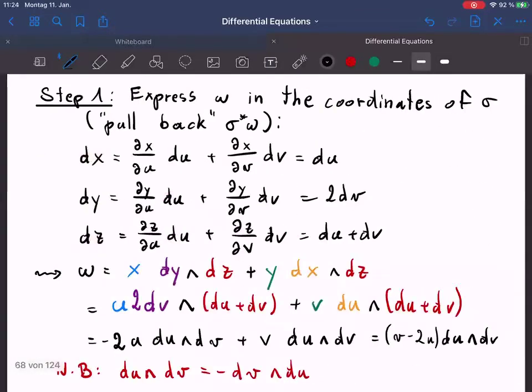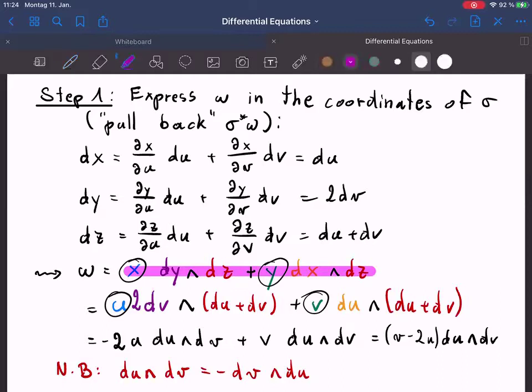And then you just plug that into omega. So omega, when seen as something that lives on this parallelogram that I want to integrate over, well, this was our definition of omega from the previous slide. Now I just plug in what I know. When I'm on this parallelogram, x is equal to u, y is equal to v, and I plug in the formulas for the differentials that you have just before.